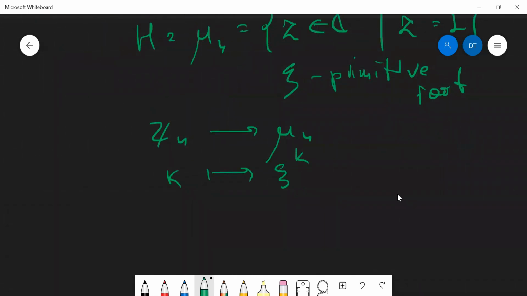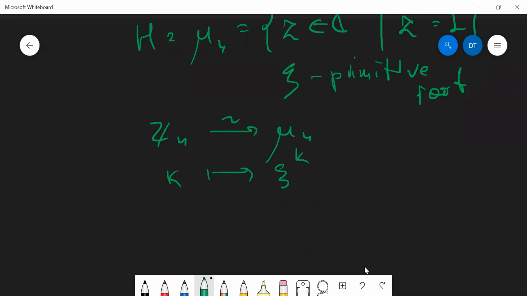And this is a bijection which preserves the operation. It takes the addition from Zn to multiplication in mu n. So this is the group of all roots of order n, and this is the group of all remainders modulo n. And this is an example of an isomorphism.